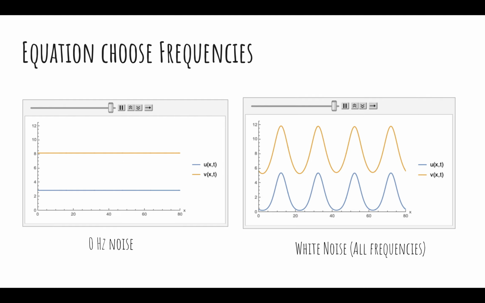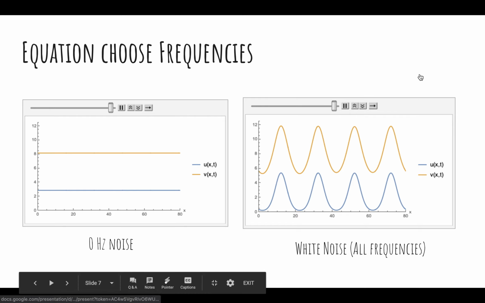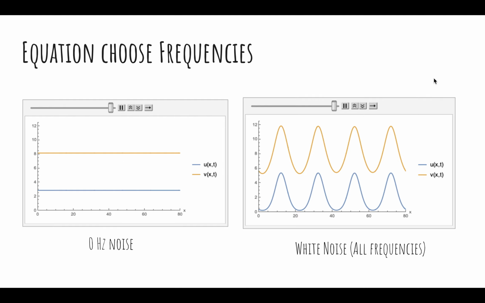This dies down, while on the right hand side it forms a stable periodic pattern. Why? Because on the right the noise is white noise, which contains all frequencies, and since the model selects certain frequencies, the pattern will form because those frequencies get amplified.